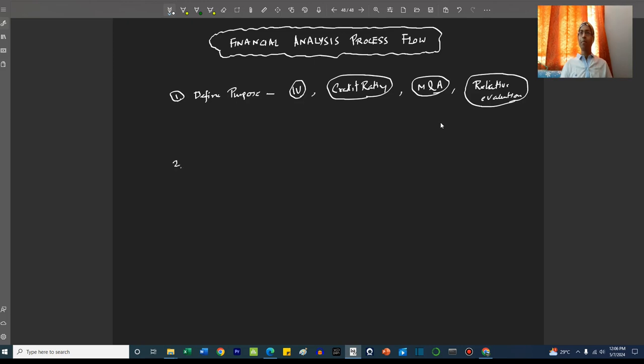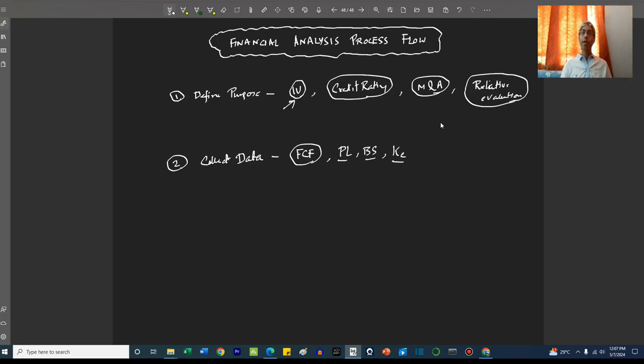The second step is to collect data. Obviously, the purpose and the context will define or influence what kind of data you require. For example, if it's a manufacturing company or an IT company and you want to measure the intrinsic value, you might need data like the free cash flow statement. You might need data like the profit and loss statement and the balance sheet, right? And you might need to find out the cost of capital.